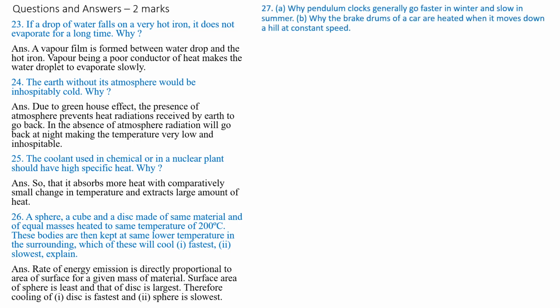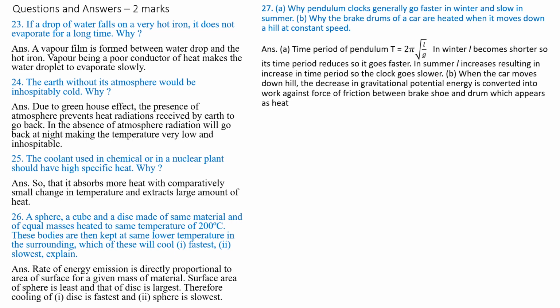Next question. Why does a pendulum clock generally go faster in winter and slow in summer? Part B is why the brake drums of a car are heated when it moves down a hill at constant speed.